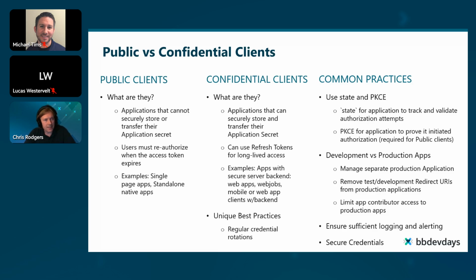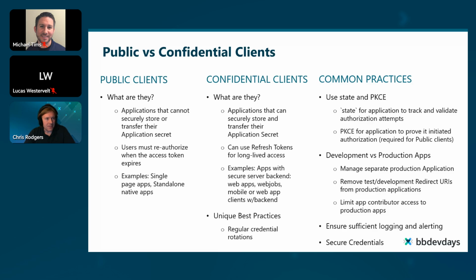For public clients, these are applications that are standalone and run within the context of a user's machine. So a single page application would be an application that's running within the user's browser, or a standalone native application that would be making calls out to the Sky API. And because these are running exclusively within that user environment, you can't secure your application secret.